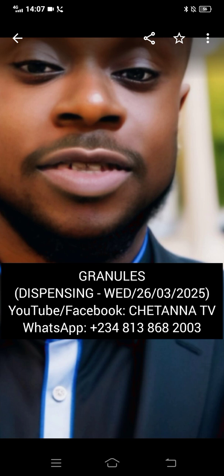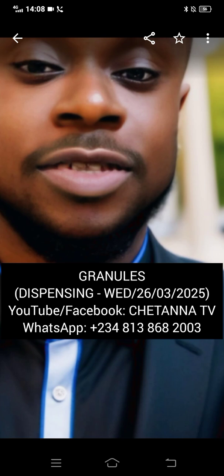So we look at examples under each of these. I said effervescent granules, coated granules, gastro-resistant granules, modified release granules.